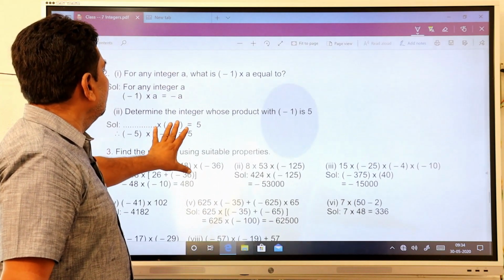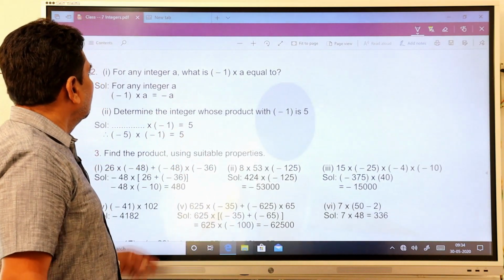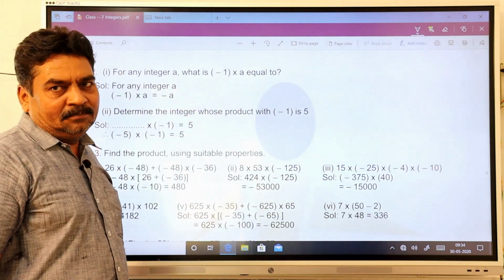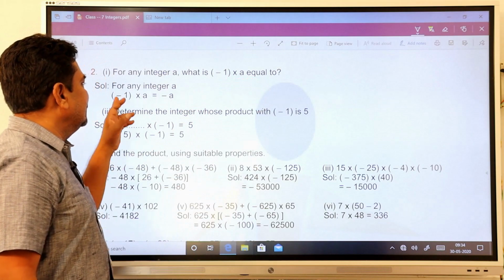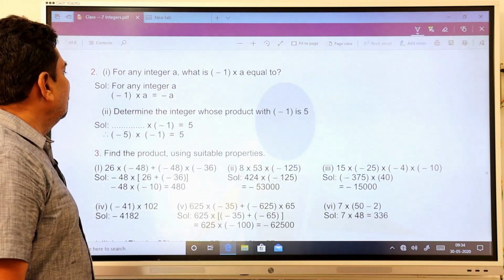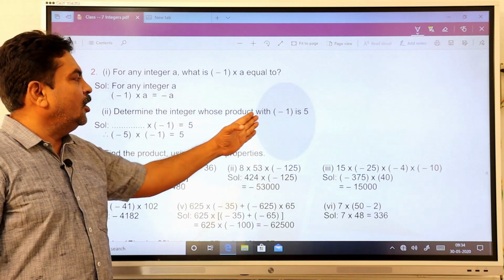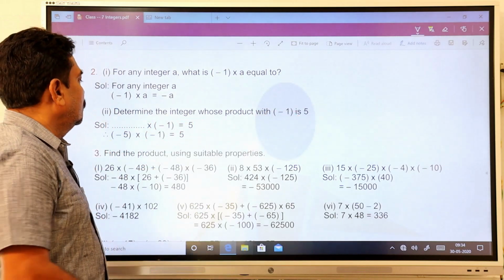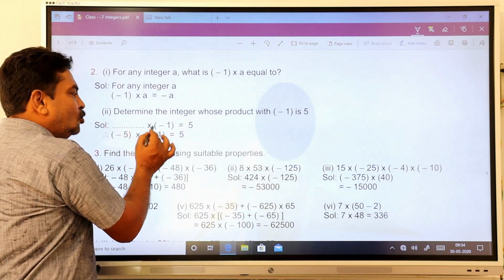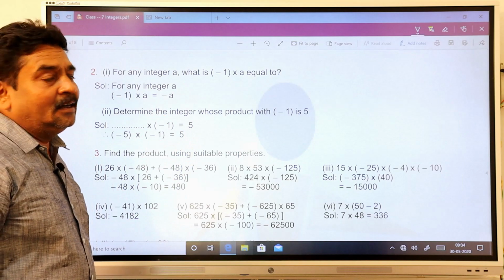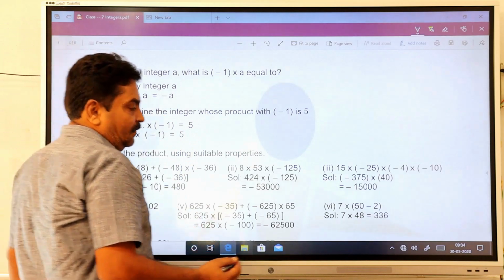Here, the second question is like this. For any integer a, what is minus 1 into a? Minus 1 into a is nothing but minus a. Similarly, determine the integer whose product with minus 1 is 5. So something into minus 1 you should get 5. That is nothing but minus 5.